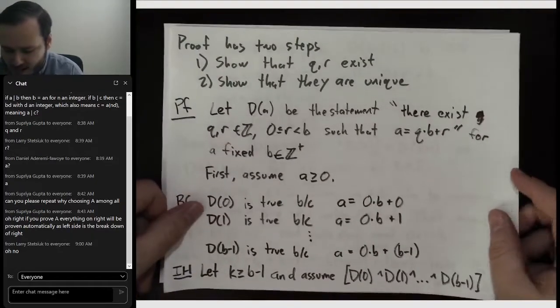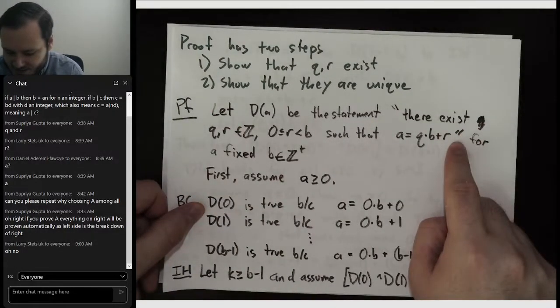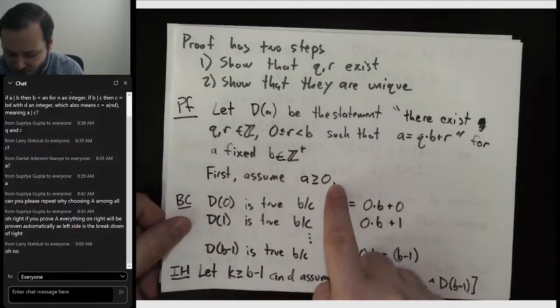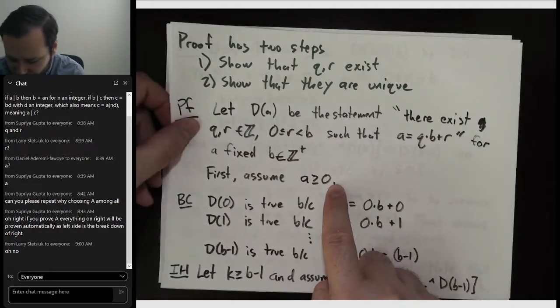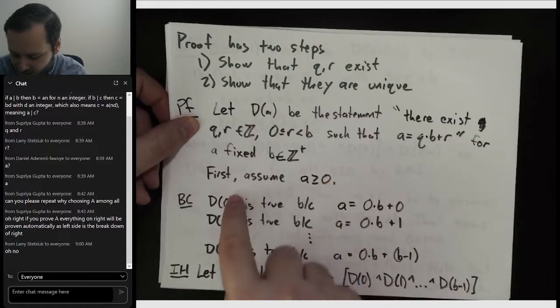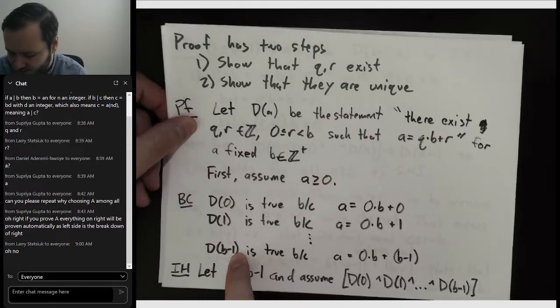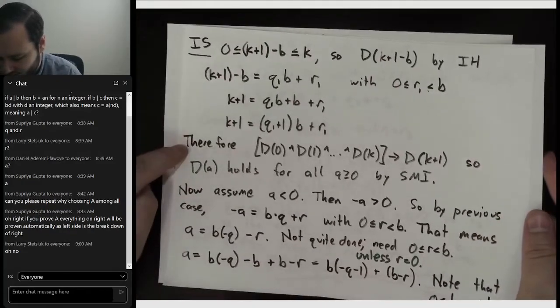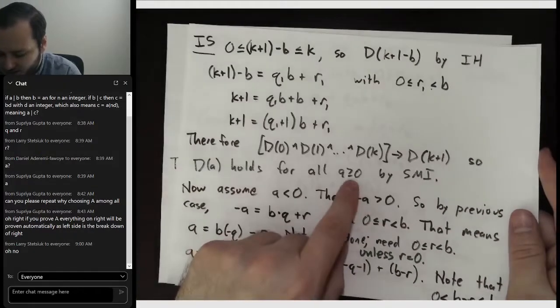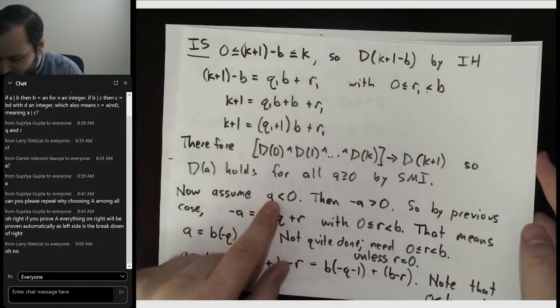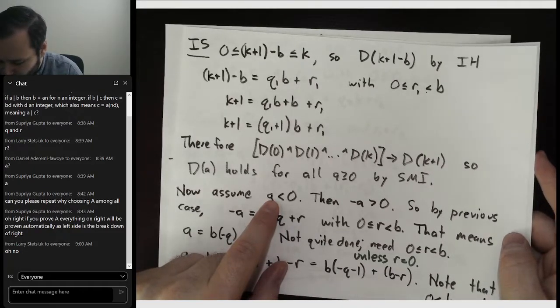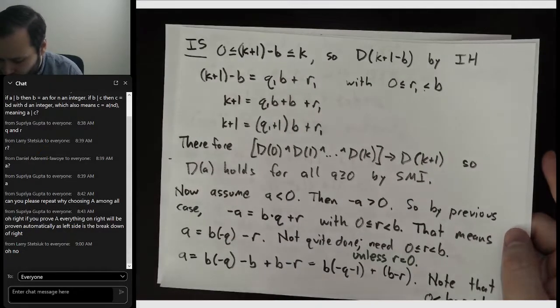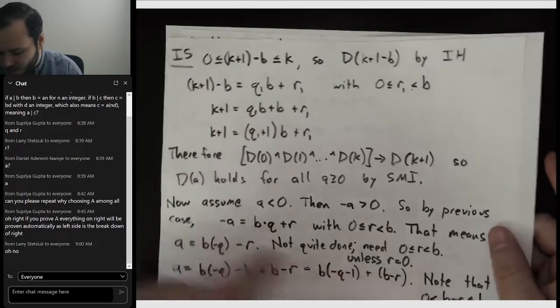Whole proof. Ready? Started with this statement. Proved it for A greater than or equal to 0 by induction. Strong induction. Needed a whole lot of base cases. Did our proof by strong induction. That was good for the positive A's. Negative A's had to be separate, but we could reuse our work. Reused our work successfully.